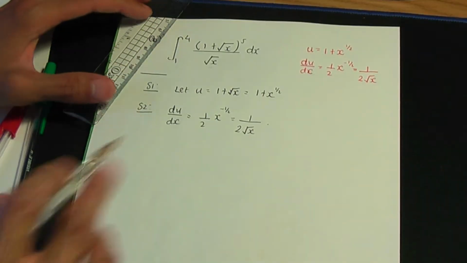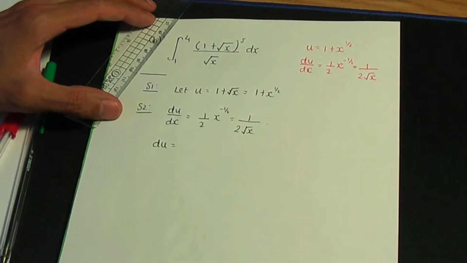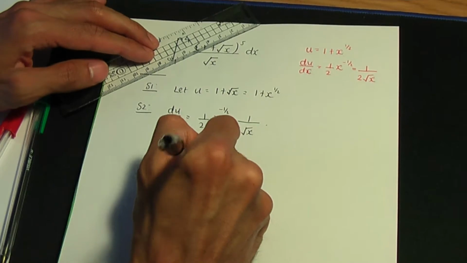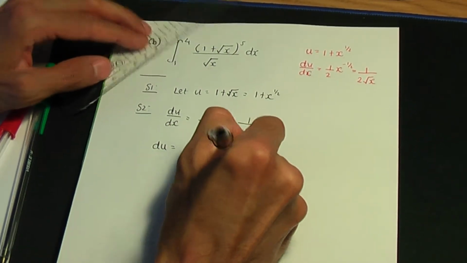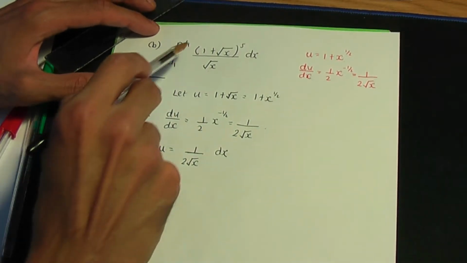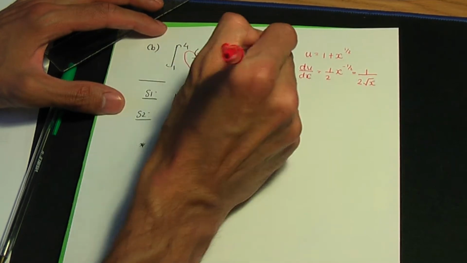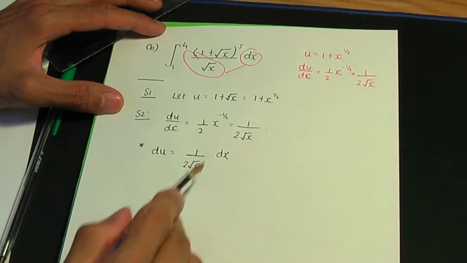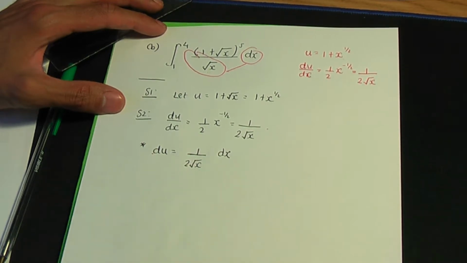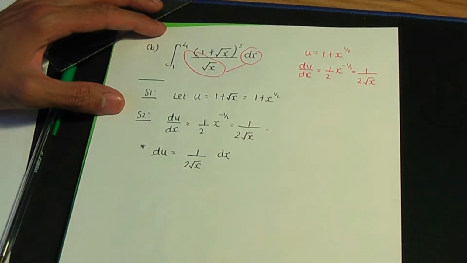So we need du in terms of dx. So du will be 1 over 2 root x dx. So it's stop and think time. In our integral in question, I have 1 over root x dx, and over here I currently have 1 over 2 root x dx. I need to make these match, so I need to get rid of this 2.